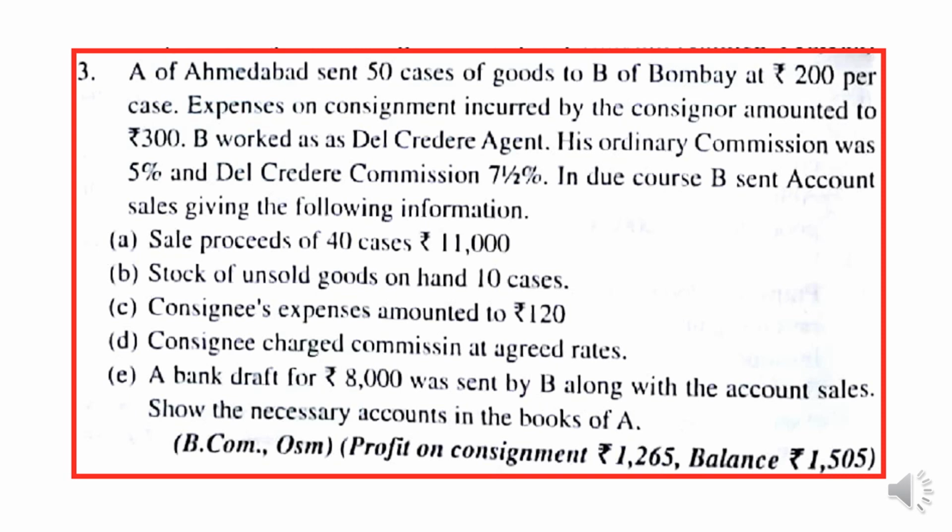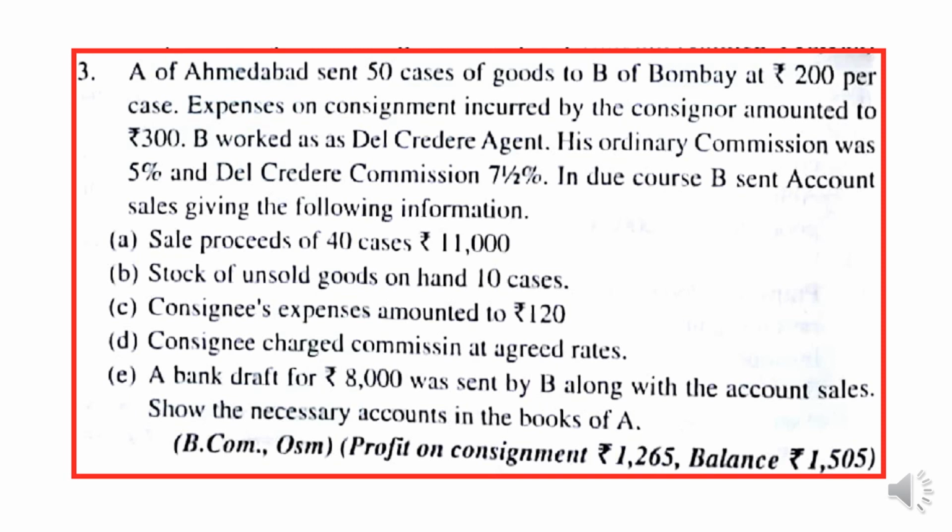In the sense, they can sell more goods. Clear? So that's the reason why the consignee will take the responsibility of the loss due to bad debts whenever he is paid del credere commission. So del credere commission is additional commission paid by the consignor to the consignee to bear the loss of bad debts on credit sales. Bear this in mind.